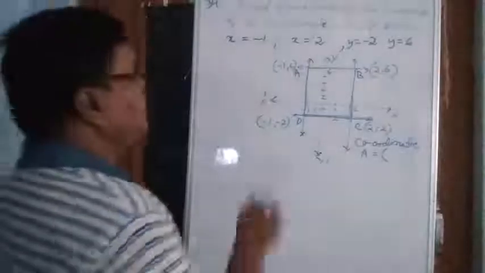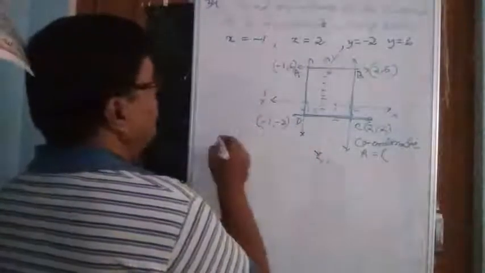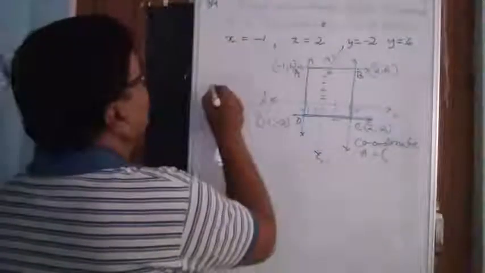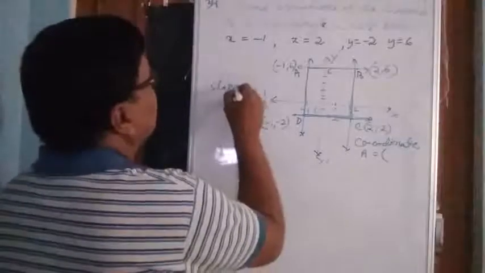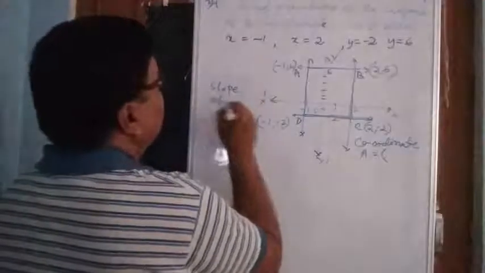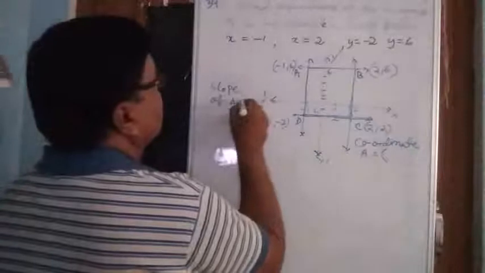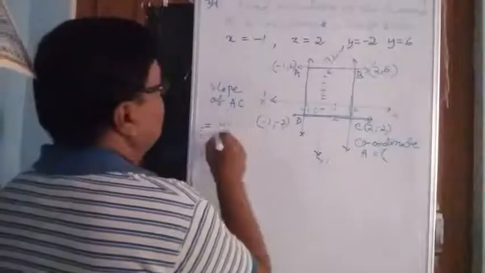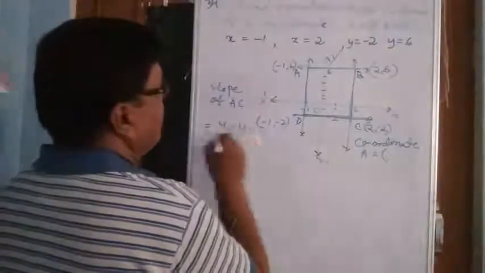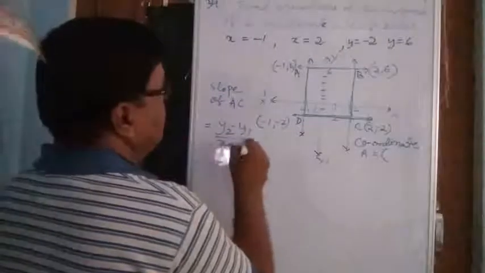You have to find the equations of the diagonals. Let us find the diagonal AC. The slope of diagonal AC is equal to y2 minus y1 by x2 minus x1.